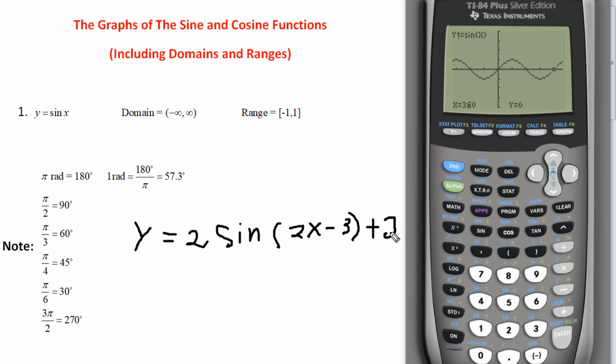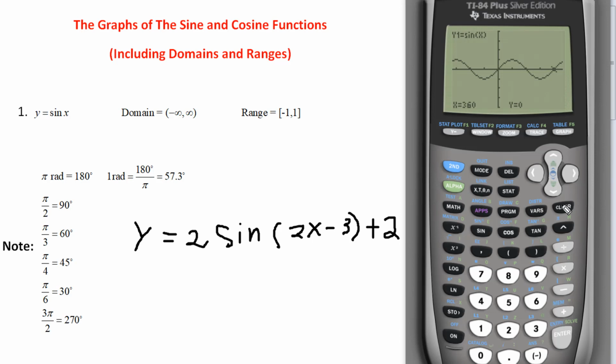So this 2 right here is going to be the amplitude, because instead of having those values going from -1 to 1, they're going to be different. And the period is going to be different because the coefficient of the x is going to change. And because we're adding a number over here, the graph is going to change completely. So the graph could shift vertically, it could shift horizontally, it could be stretched out or compressed depending on the values that you have here.